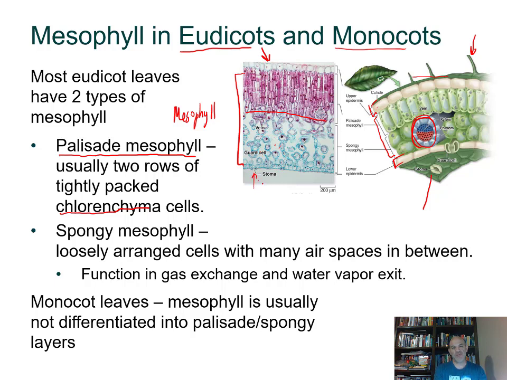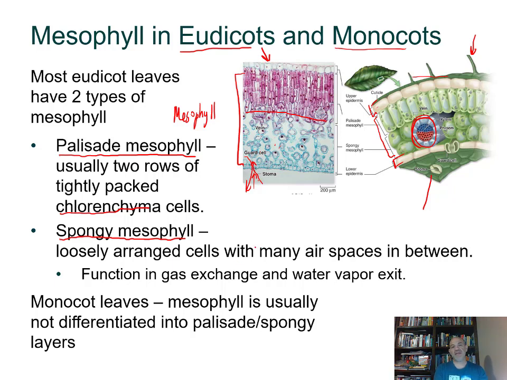When carbon dioxide comes in, it can diffuse around these cells better and even be transported higher up to that palisade mesophyll. And then we can also get CO2 out. So the function of that airspace is to allow those cells to exchange those gases more easily. That area is called the spongy mesophyll, just like a sponge has pockets of airspace in there.